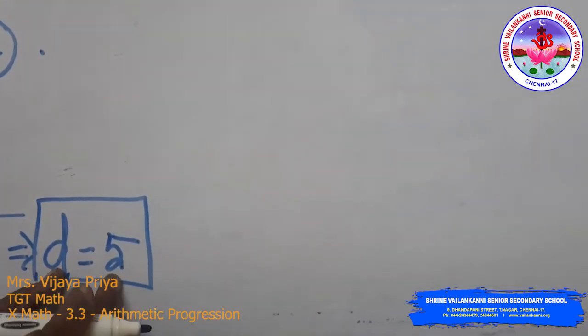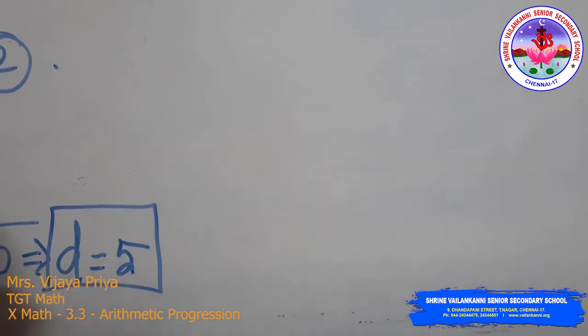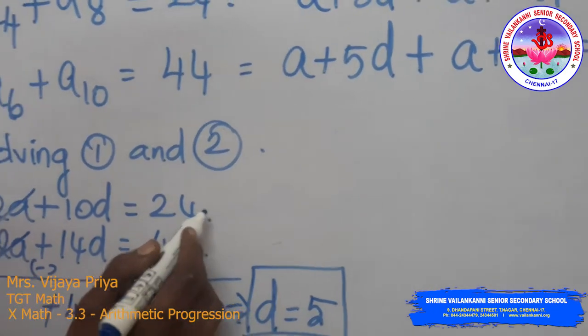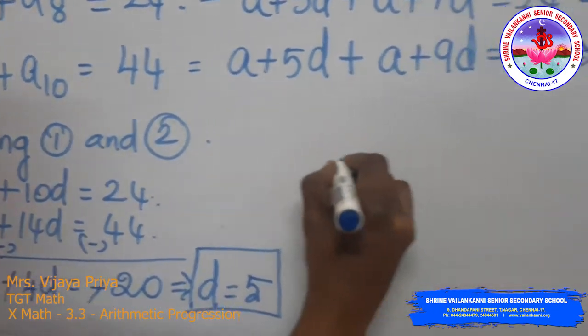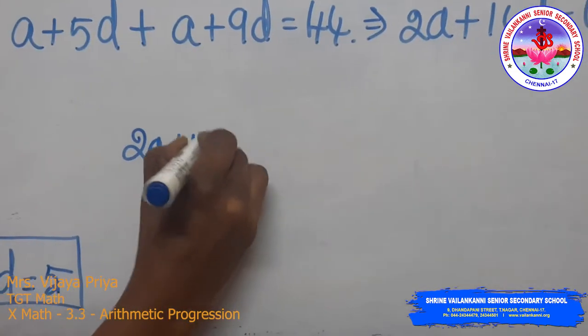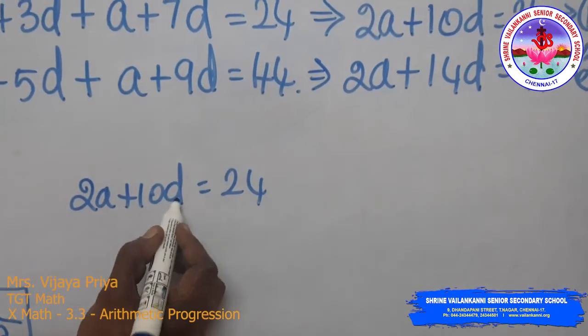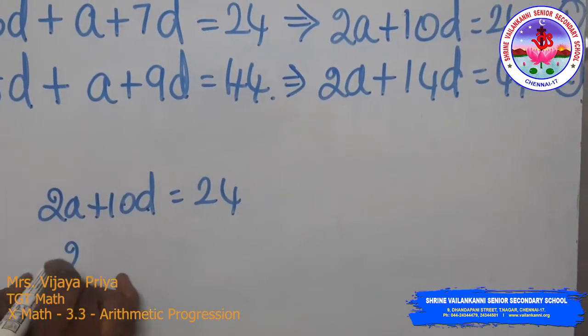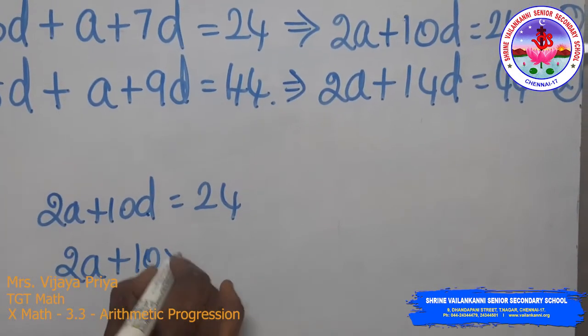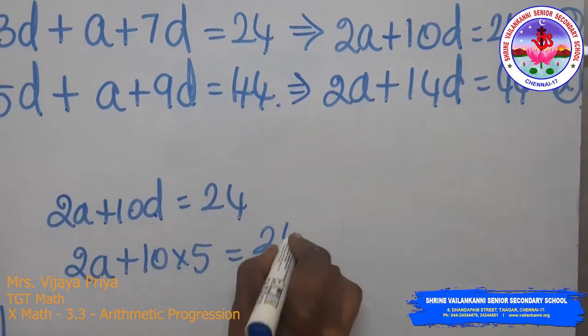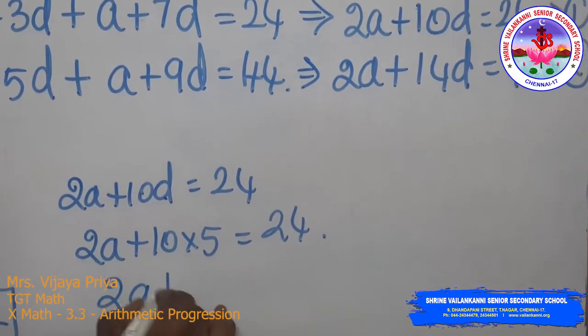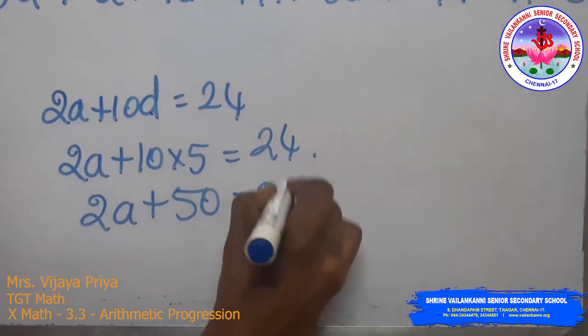So with this D as 5, I am going to substitute in equation 1 to get my value of A, where the first equation is 2A plus 10D, which is equal to 24. So 2A plus 10 into 5, which is equal to 24. 2A plus 50 is equal to 24.